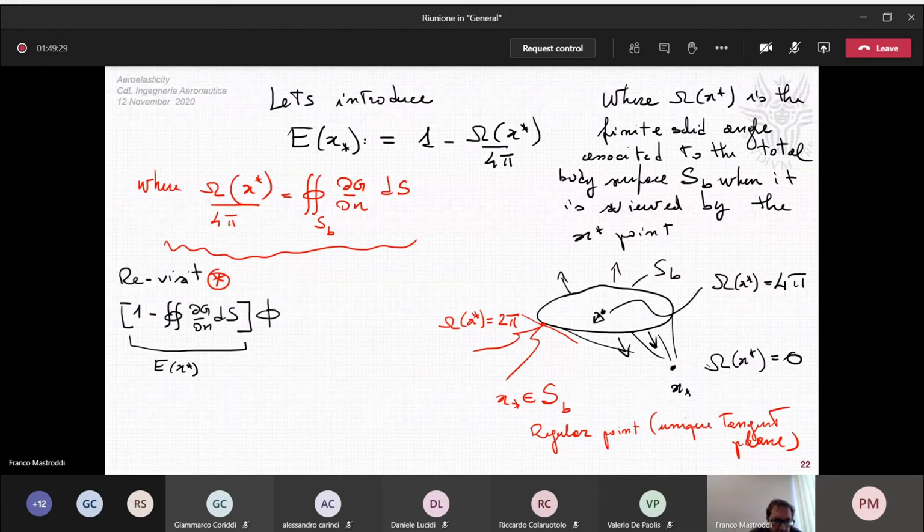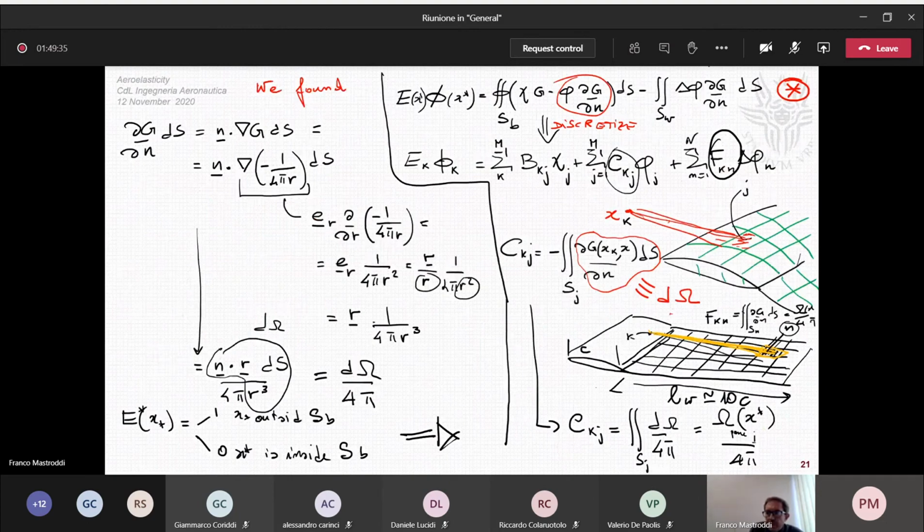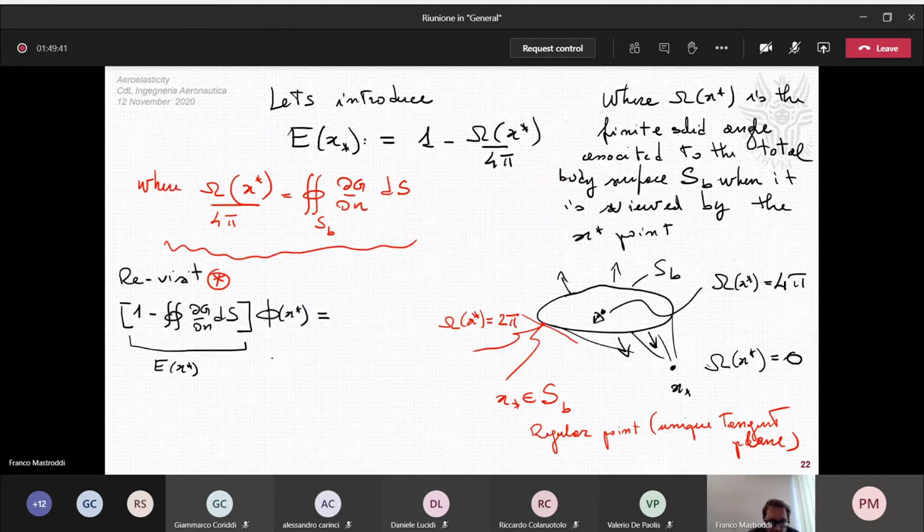by phi x star equal to, I am rewriting this equation, and so we have equal to the integral on the body of G minus phi dG in the n dS, minus the integral on the wake of delta phi dG in the n dS.